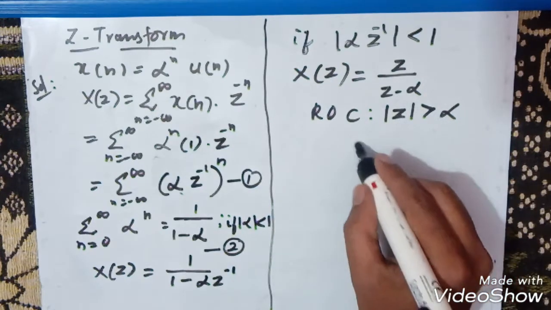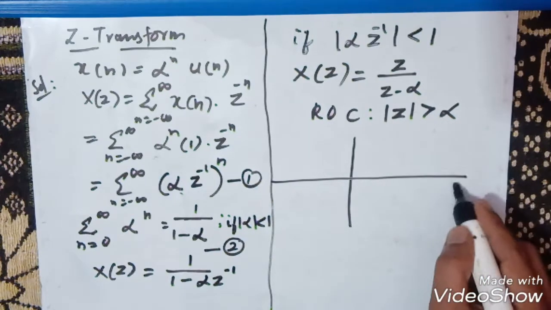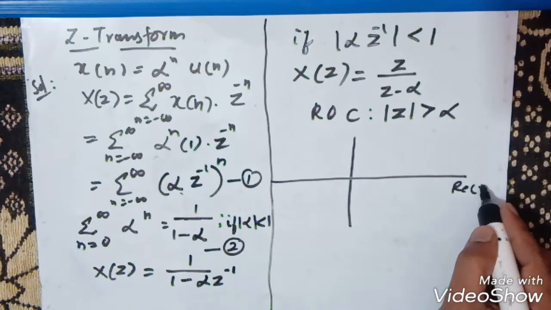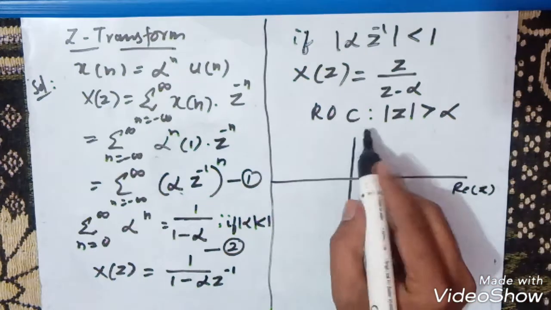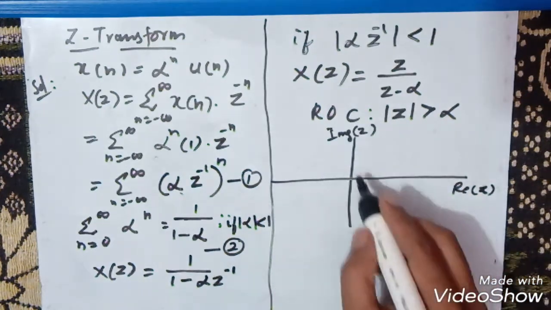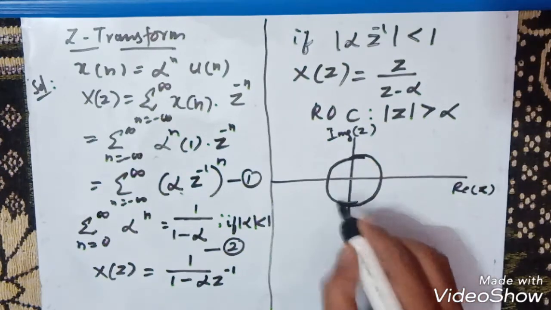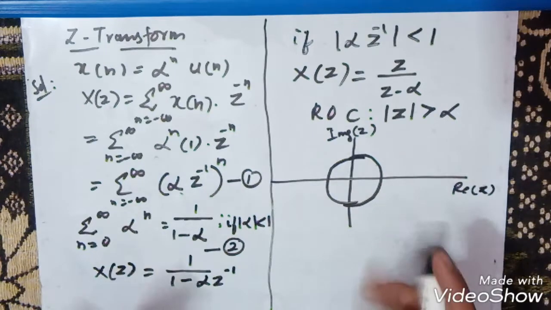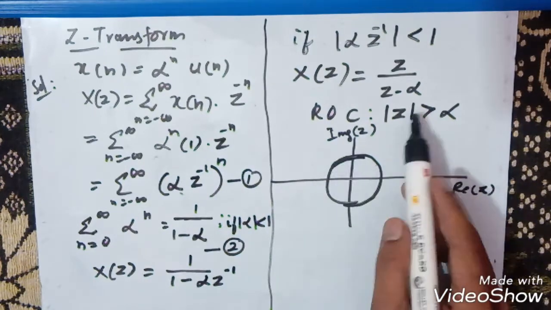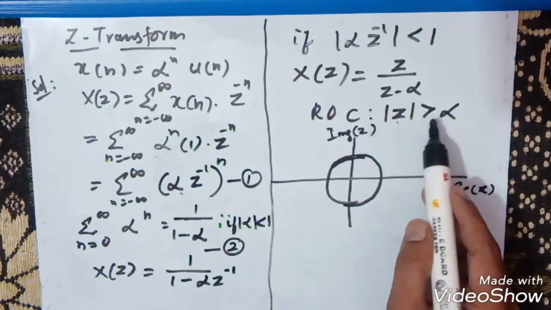To draw the region of convergence, we will draw two lines. One is the x-axis, another the y-axis. The x-axis is the real part of z and the y-axis is the imaginary part of z. So we'll draw a unit circle. As I already said, the range of r should be drawn. Now you need to find the set of z greater than alpha.